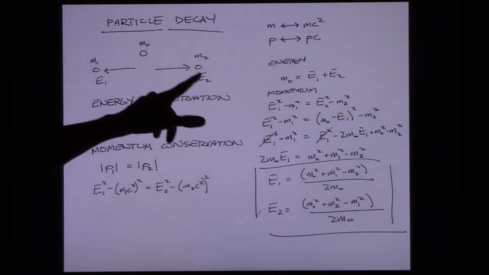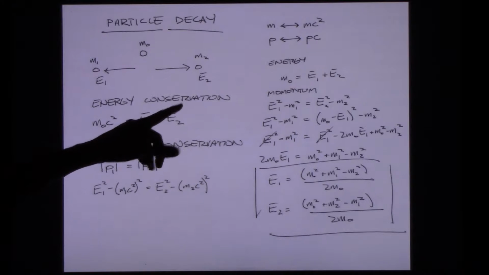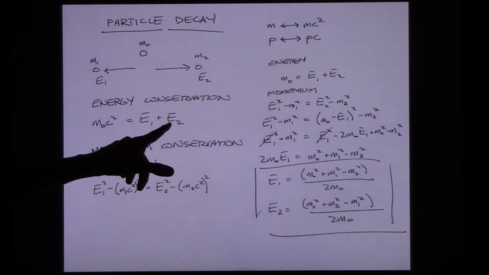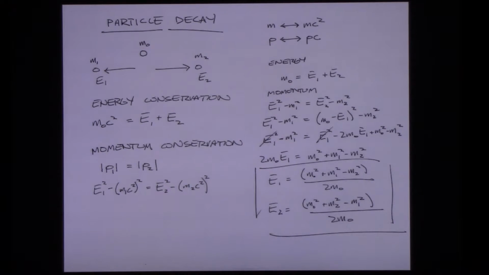And the energies measured for the two decay products would be their total energies. So E1 and E2 include the mass and the kinetic energy of those particles. All right, so that's a statement of energy conservation for this two-particle decay.